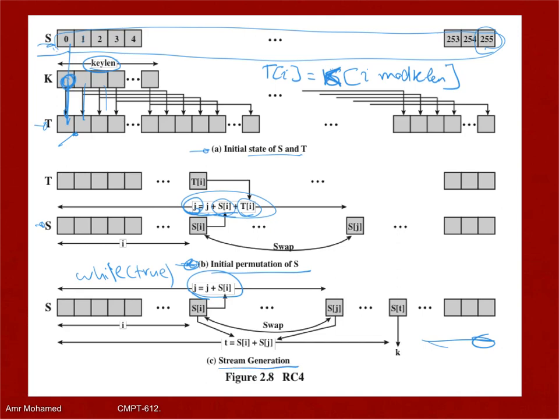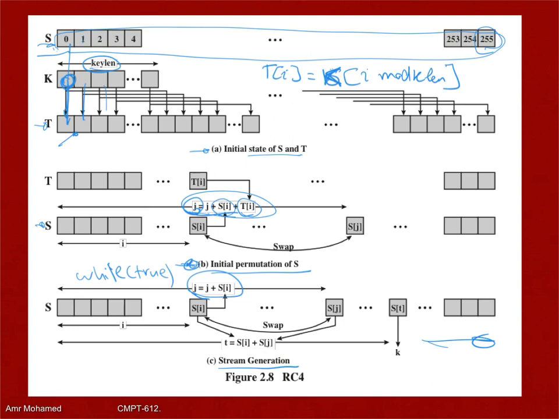Stream means you can generate any byte stream. And again here, what we do is another level of permutation, but this time while true. So again, j starts from 0, and then every time it changes, j equals j plus S[i], and then we swap.